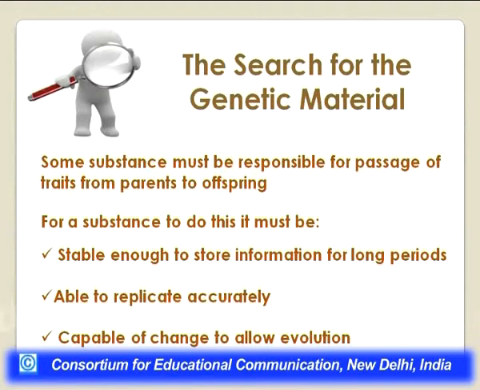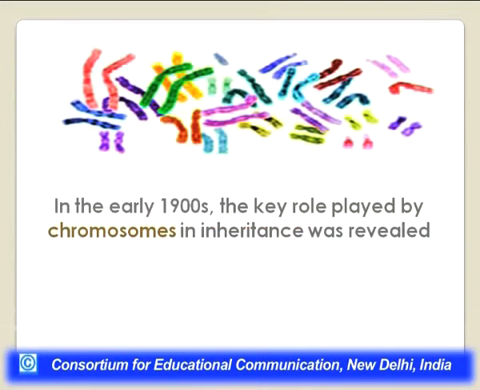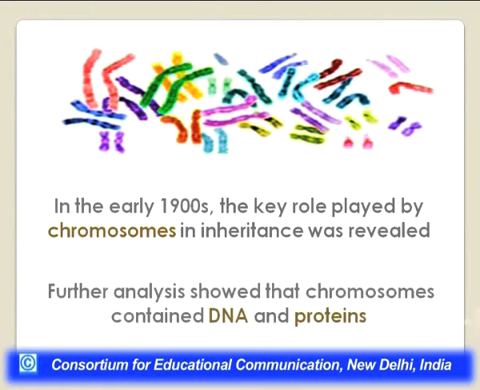In the early 1900s, when Walther Flemming discovered chromatin, which was later called chromosomes, he discovered that the chromosomes are basically responsible for inheritance. Subsequent studies related to the chemical structure of chromosomes identified that they contained DNA, but they also contained proteins.